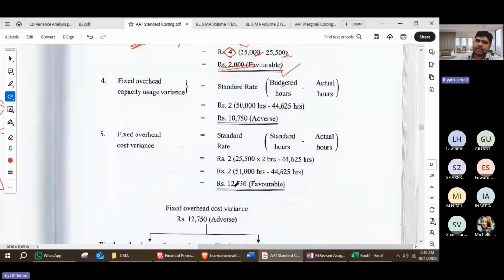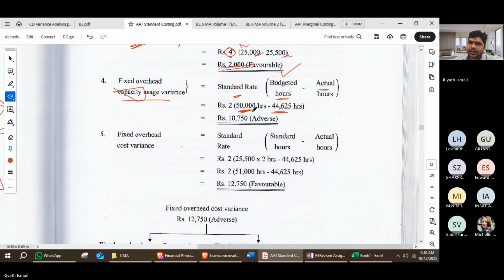Then we have fixed overhead capacity usage variance, simply called capacity variance. Budgeted hours 50,000, and the difference between budgeted hours and actual hours into standard rate. Budgeted hours 50,000, actual hours 44,000.